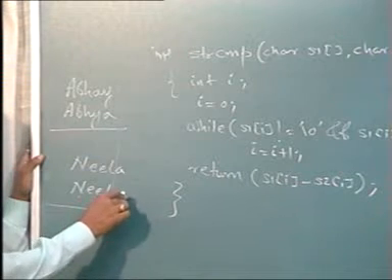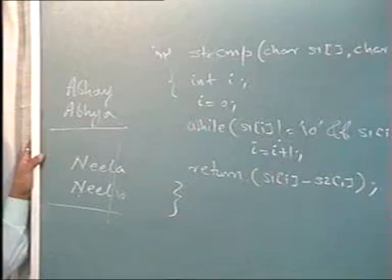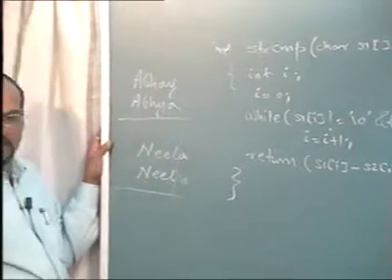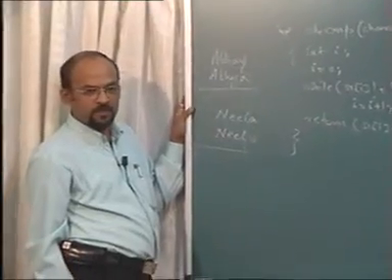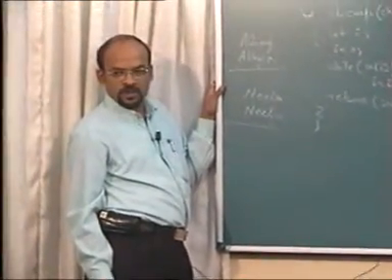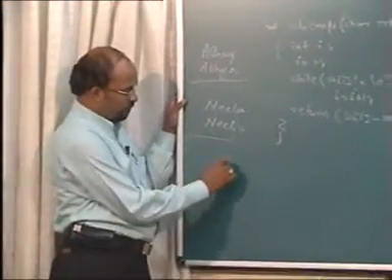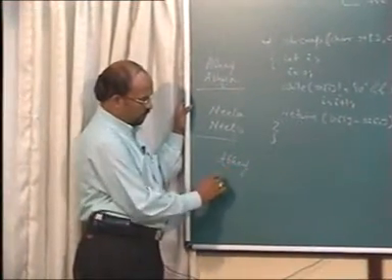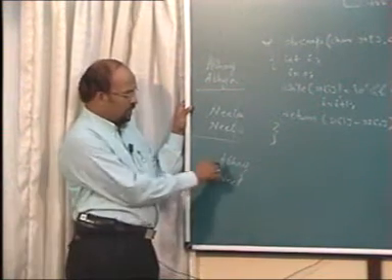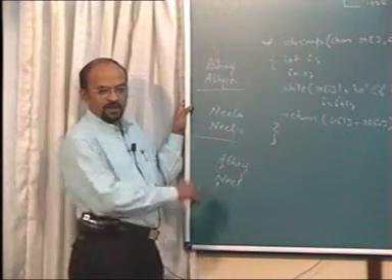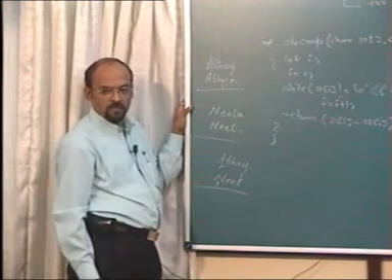Here is \0. So it will return A minus \0. \0 has ASCII value 0. It will return positive. There is no need of comparing something like the rest, because it fails right at the first point. It will return A minus n, negative. Okay?